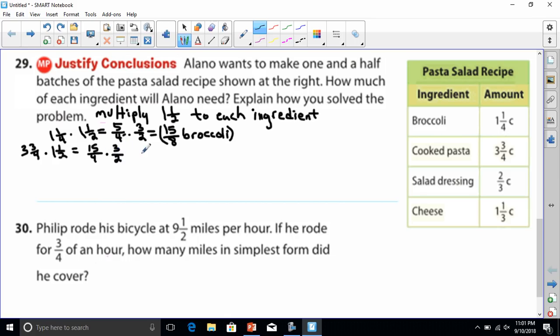And 15 times 3, well, that's 45. And 4 times 2, well, that's going to be 8. We still have to simplify, don't we? Let's see, how many times does 8 go into 45? Well, I know 5 times 8 is 40. So I'm going to say it's 5, and that would leave 5 over 8 left over. And this is for pasta.